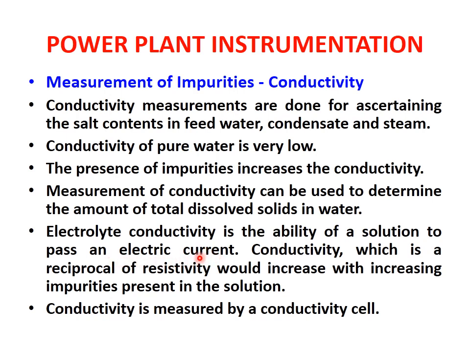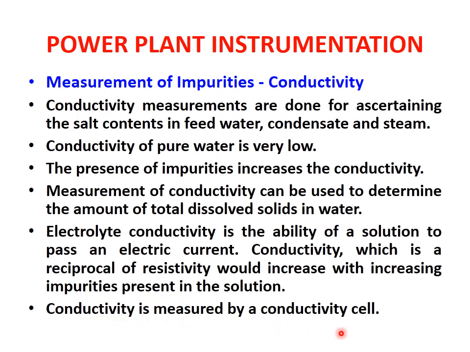So we know the electrolysis process, where anode and cathode electrodes are present, and it measures the conductivity of a particular solution. Then conductivity, which is a reciprocal of resistivity, would increase with increasing impurities present in the solution.